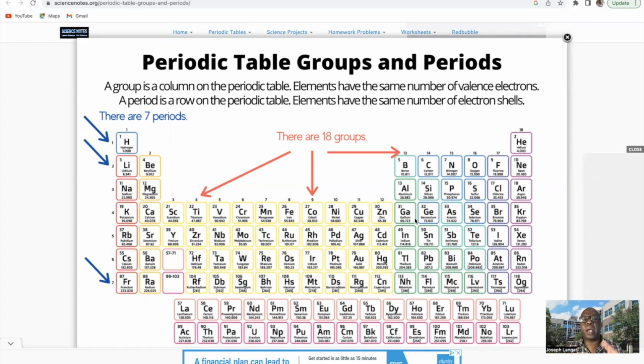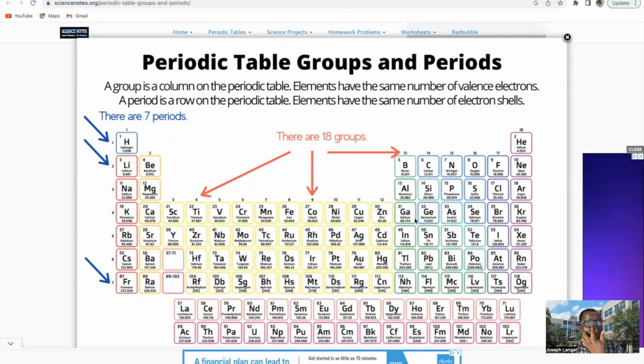This is why I want you to understand that the numbers here, you can figure out the number of protons in the nucleus without even knowing the name of the element. For example, here, platinum, number 78, has 78 protons.